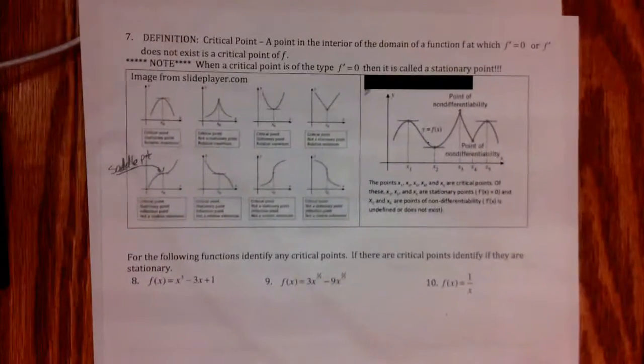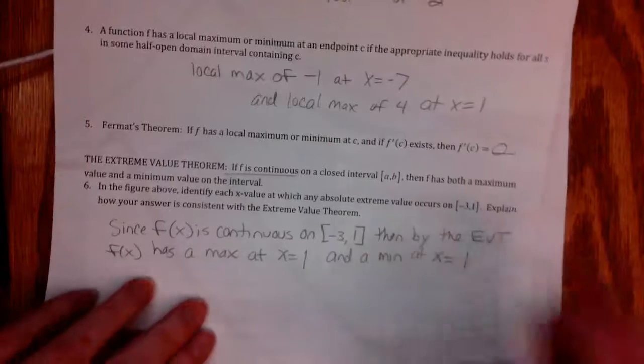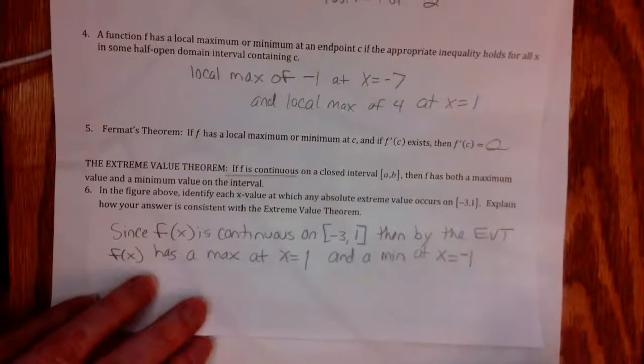I would take a moment, stop the video, read through the definition of a critical point, and then all those different types of critical points that are given, you want to take a look at those critical points. Oops, I just realized over here has a maximum at 1 and a minimum at -1.